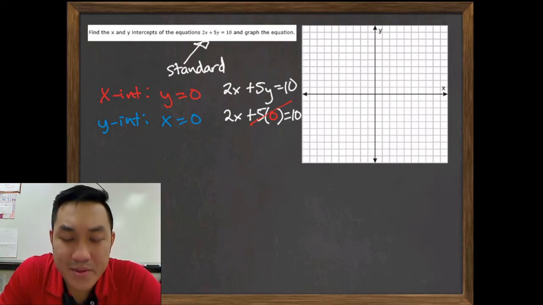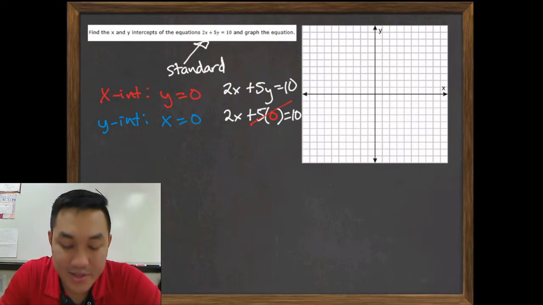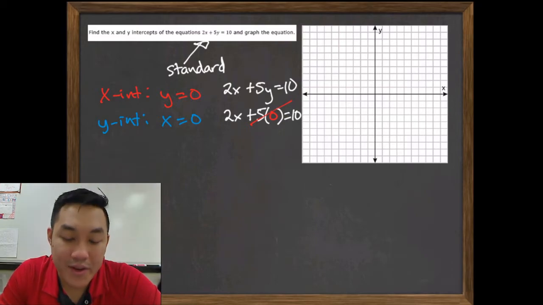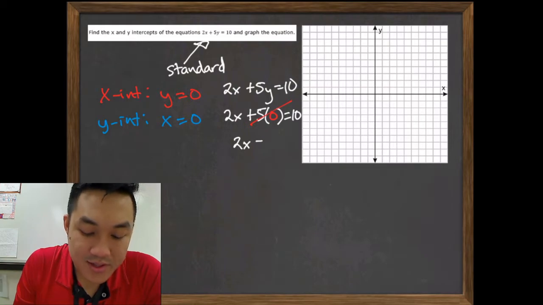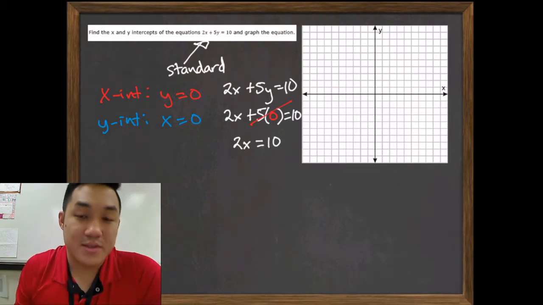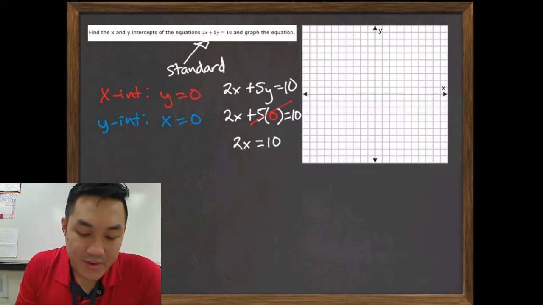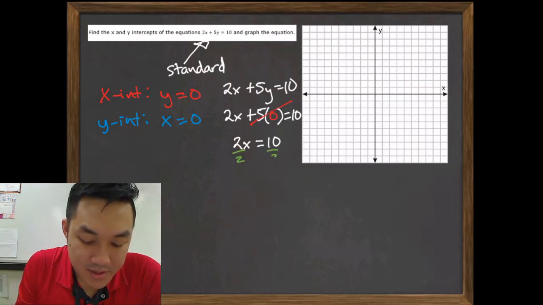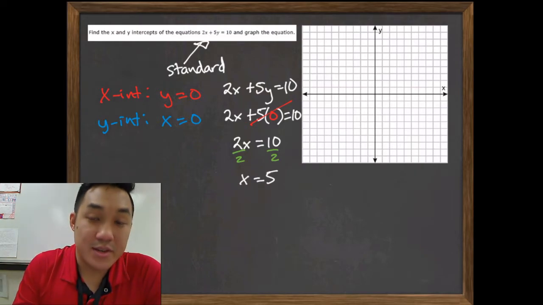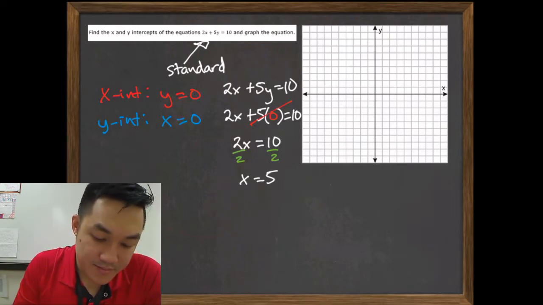Whatever number is with the y, that's always going to be 0, because if y is 0, 5 times 0 is always going to be 0. So if those cancel out, you're just left with an easy, simple problem of 2x equals 10. How do you solve for x? Well, divide both sides by 2. 10 divided by 2 gives you x equals 5. That is your x-intercept.